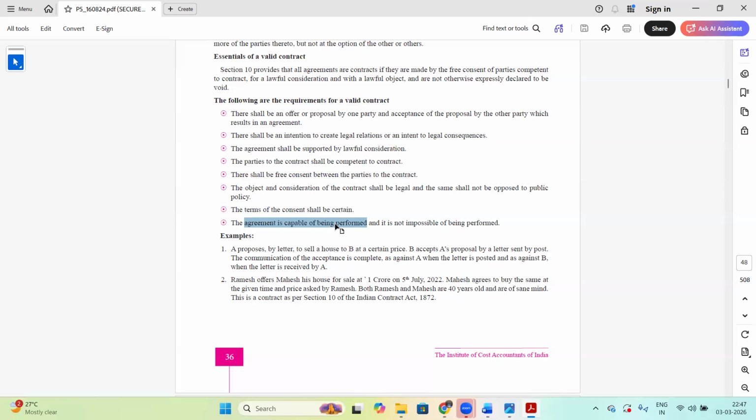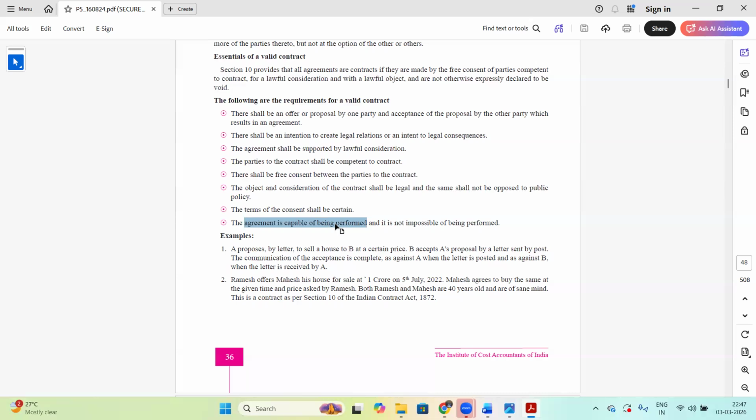Another question can be, what are the essential elements for a valid e-contract? They're also the same points. The most probable method of asking is that a scenario will be given, and based on the scenario, you will be asked to give a legal opinion.